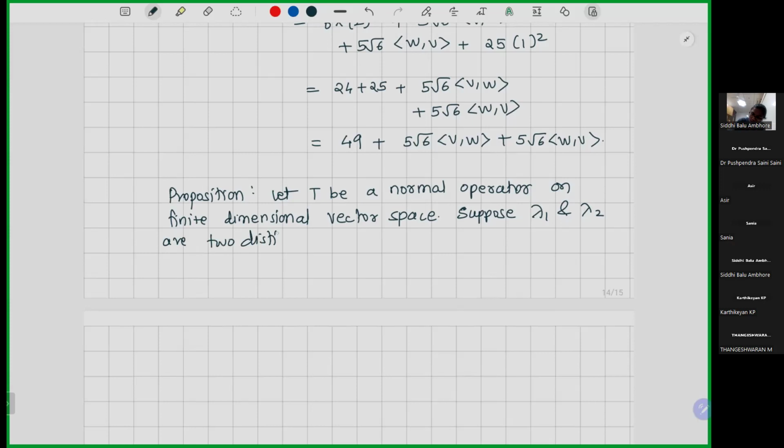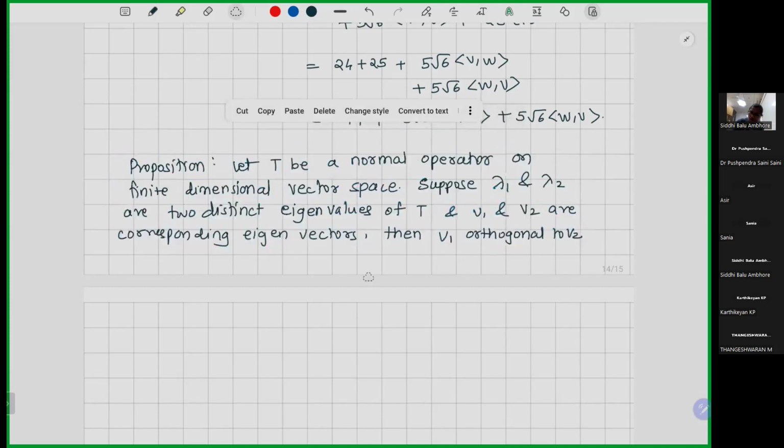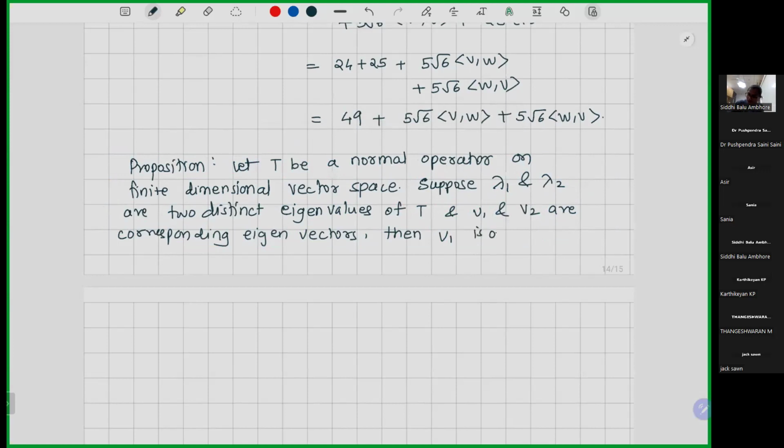Distinct is also important, since here we had root 6 and 5 as our eigenvalues, which are definitely distinct.